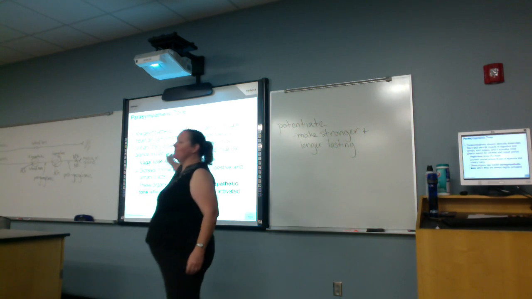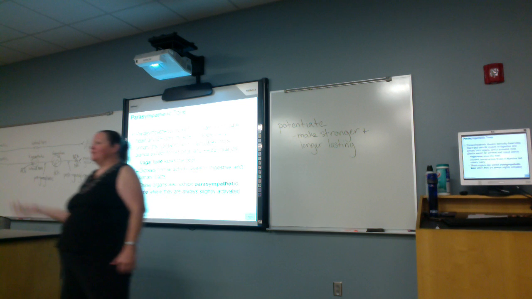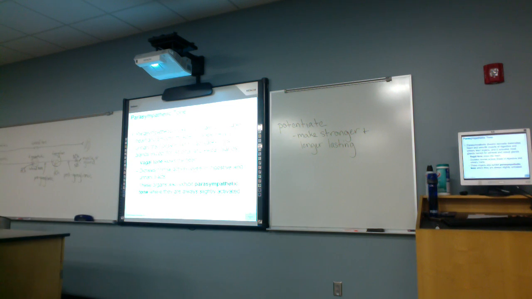Okay, so vagal tone comes down the vagus nerve, hence the term vagal tone. The vagus nerve is the one that actually leaves the head and goes down into the abdomen and thorax. And this is actually going to affect the heart. Vagal tone is parasympathetic. So what is it going to do to the heart? Decrease heart rate. Normally, the pacemaker of your heart would beat at about 100 beats a minute.